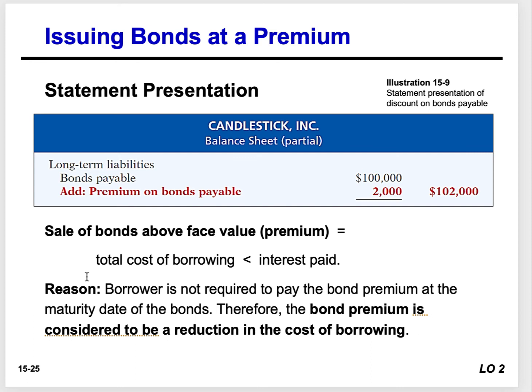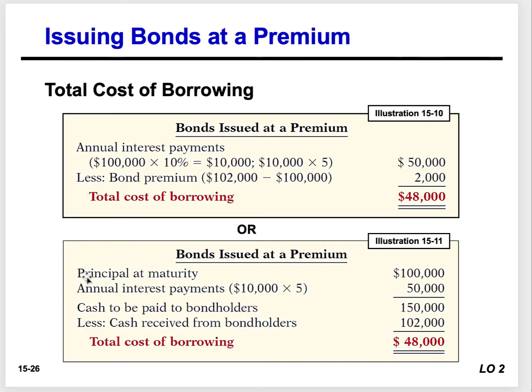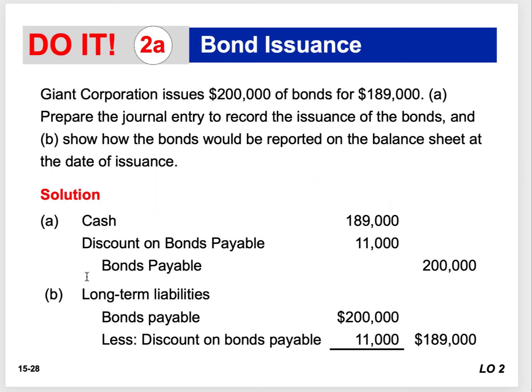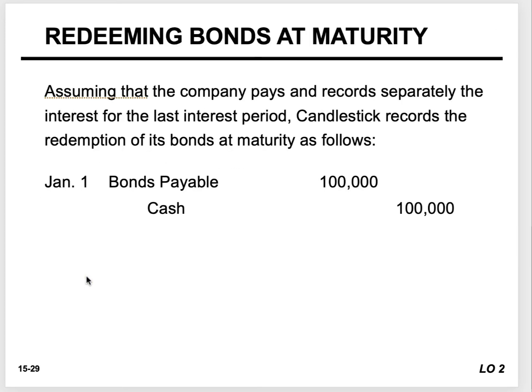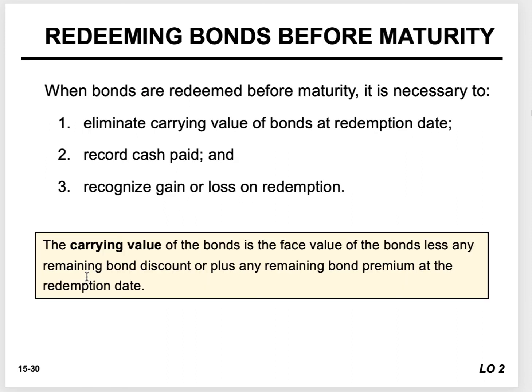So the bond premium is considered to be a reduction in the cost of borrowing. We have an example here of two journal entries. I'm not going to waste time going through these, because we're going to work on some examples.